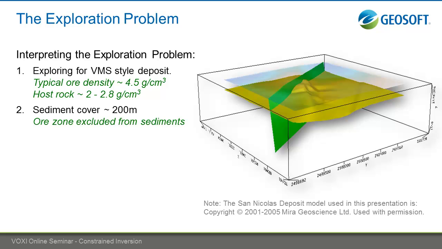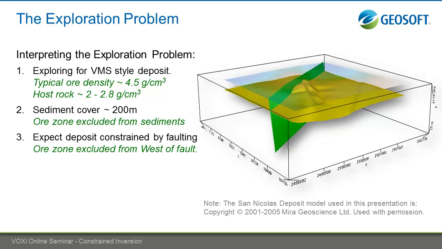This represents the base of the sediments, and in this case that's been determined by some other geophysical methods and potentially some drilling. This would be similar to Elizabeth's situation where other geophysics is used to determine some constraint on the potential field inversion.